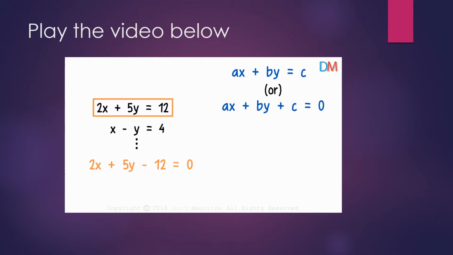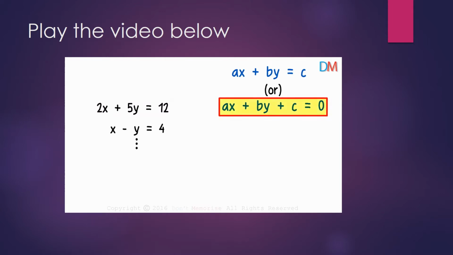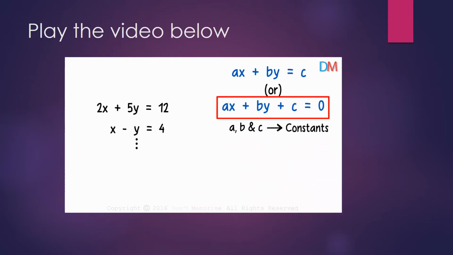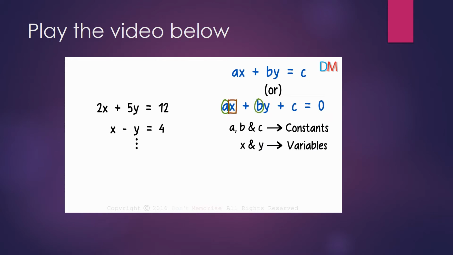For this video and the future ones in this topic, we will assume the second one to be the general equation: ax plus by plus c equals 0. a, b and c are constants, while x and y are variables. a is the coefficient of x and b is the coefficient of y. This is the general form we will consider.